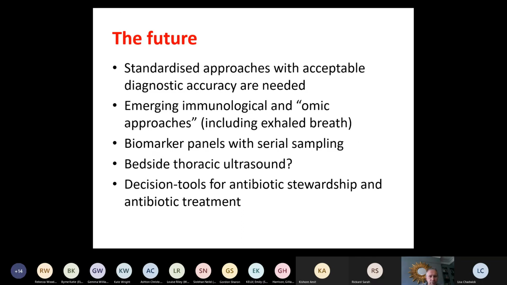There could be a role for bedside thoracic ultrasound, which I haven't touched on today, but that might be something that could be valuable. And what we need is to work towards robust decision tools which will have an impact on antibiotic stewardship and won't disadvantage patients in terms of clinical outcomes. So final slide, please.